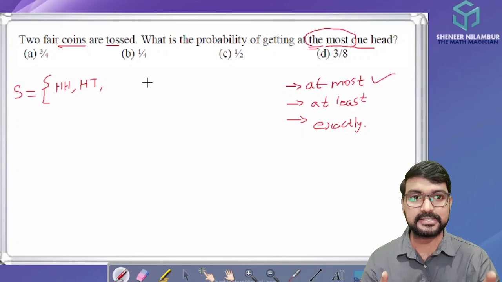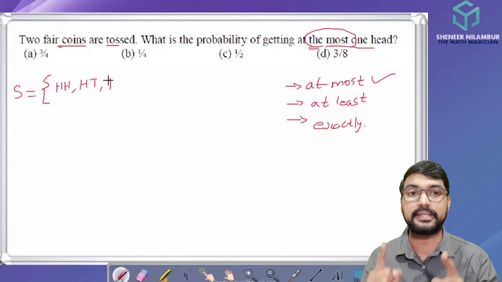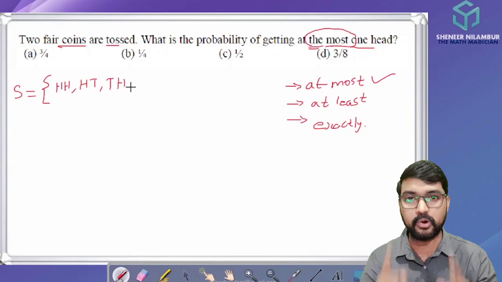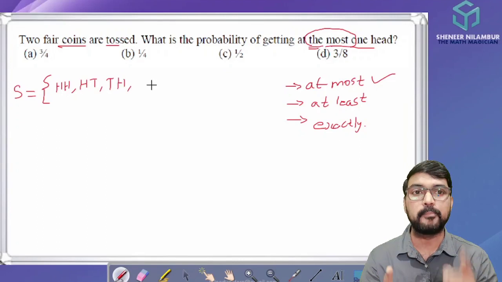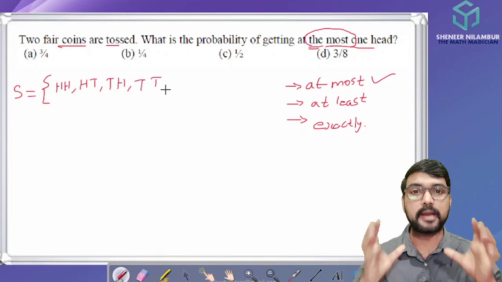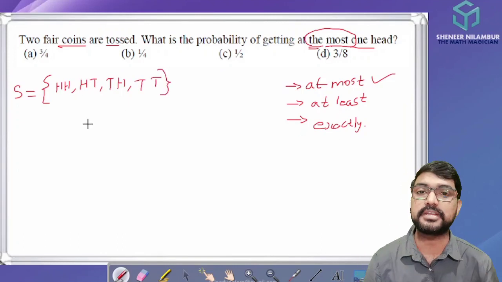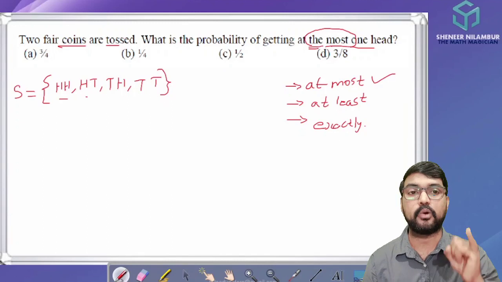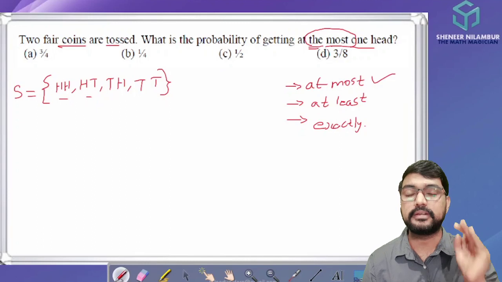Or first one is tail, second one is head, so TH. Or one more possibility is there, both coins are tail, so TT. So the sample space when we toss 2 coins is HH, HT, TH, TT.